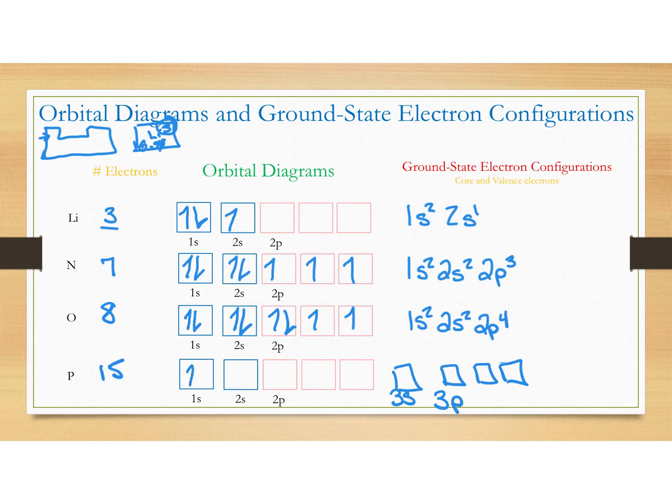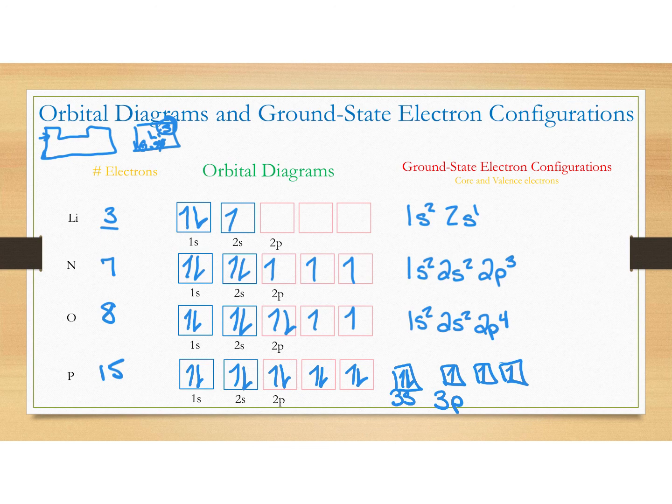1, 2, 3, 4, 5, 6, 7, 8, 9, 10, 11, 12, 13, 14, 15. So if I was to ask you what the orbital diagram for phosphorus was, this would be your correct answer.